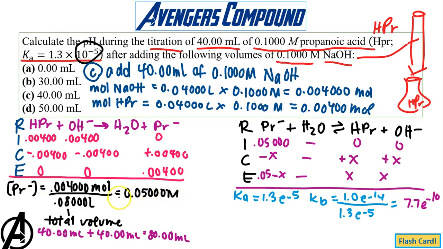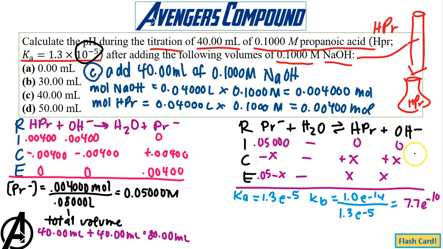We then take our conjugate base, which we know has the ability to react with water, and we set up another RICE table to solve for the OH minus concentration. So we take our conjugate base here, mix it with water. It's going to be at equilibrium to form HPR, which is the weak acid again, and of course OH minus. We're going to solve for OH minus to get the pOH value.